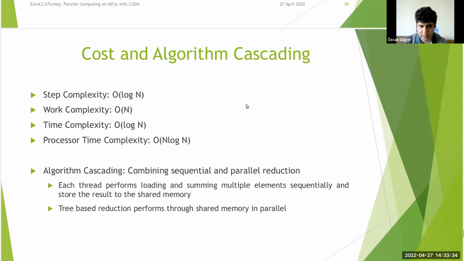Loading the data from global memory and summing them sequentially are sequential operations, and the for loop and then the unrolled one are tree-based reductions, and they are executed in parallel.